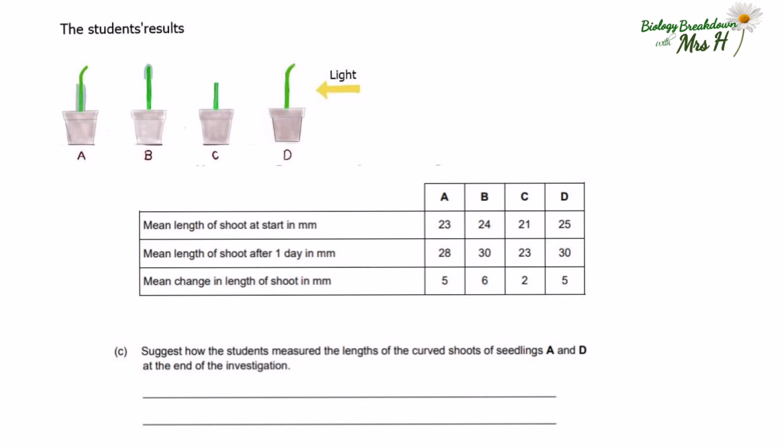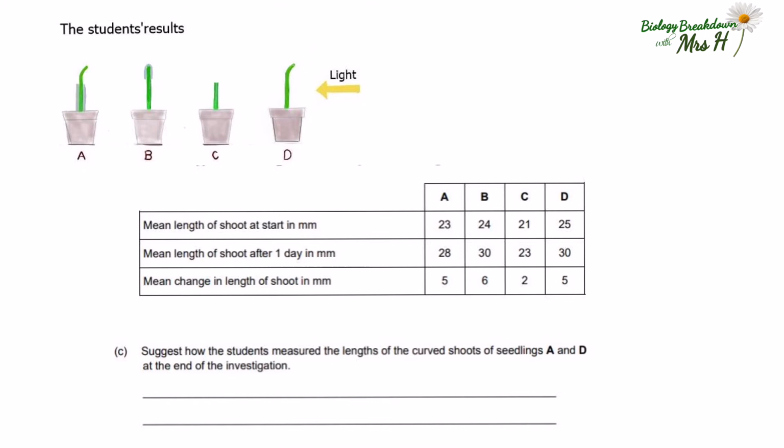So here we can see the students' results, and we've got some data in the table. Suggest how students measured the lengths of the curved shoots of seedlings A to D at the end of the investigation. Well, it says to suggest, so anything that you think is feasible could get you a mark.